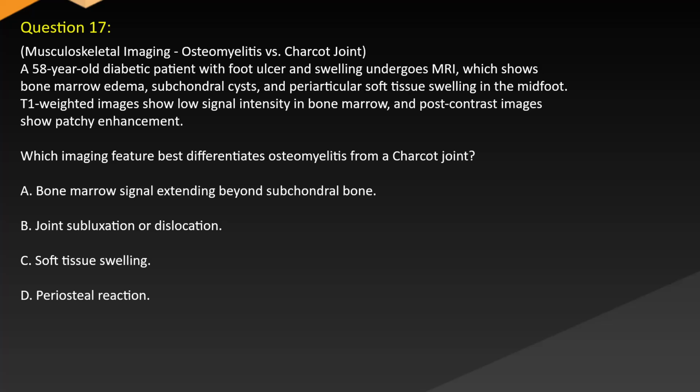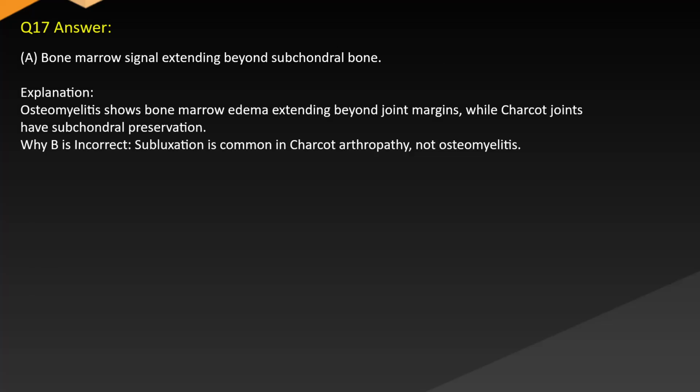A. Bone marrow signal extending beyond subchondral bone. B. Joint subluxation or dislocation. C. Soft tissue swelling. D. Periosteal reaction. Answer A. Explanation: Osteomyelitis shows bone marrow edema extending beyond joint margins, while Charcot joints have subchondral preservation. B is incorrect. Subluxation is common in Charcot arthropathy, not osteomyelitis.